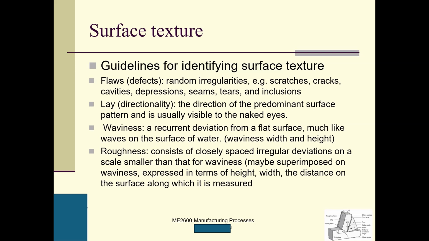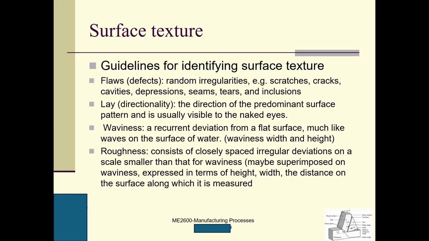The next one is waviness, a recurrent deviation from a flat surface, much like waves on the surface of water. So these are waviness width and height: how wide it is, how high it is. The last one is roughness. Have you guys ever heard of roughness? It is how smooth the machined surface is. This consists of closely spaced regular deviations on a scale smaller than that for waviness.